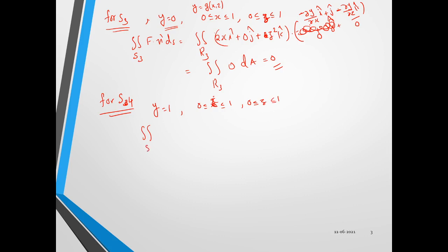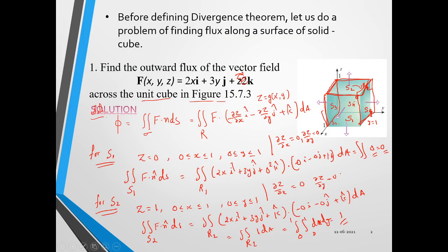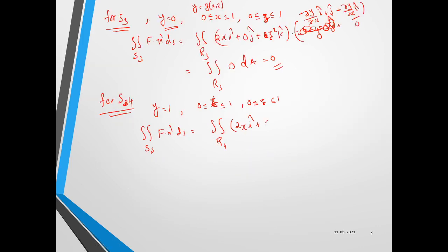So now we can find the integral over S4 of f dot n dS. This is equal to the double integral over R4 of 2x i plus 3y j plus z square k, dotted with minus dou y by dou x i plus j minus dou y by dou z k.